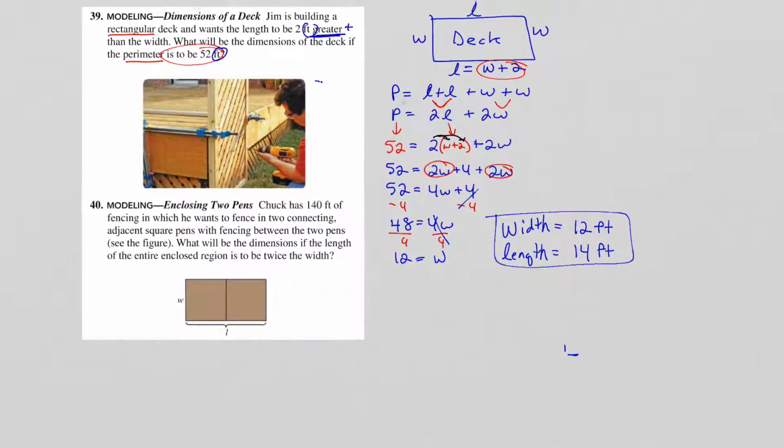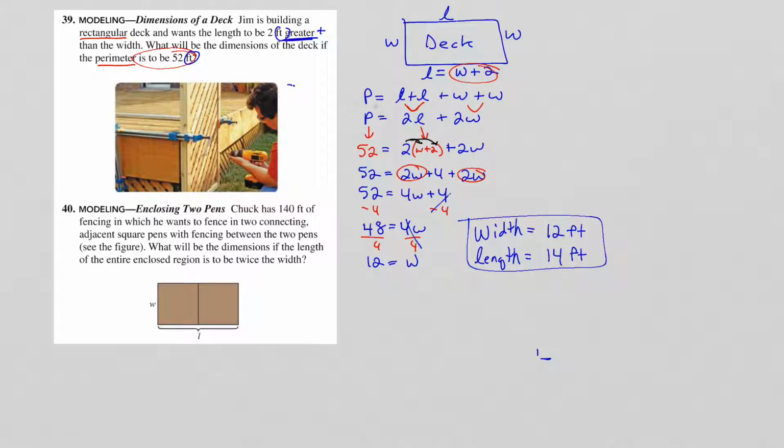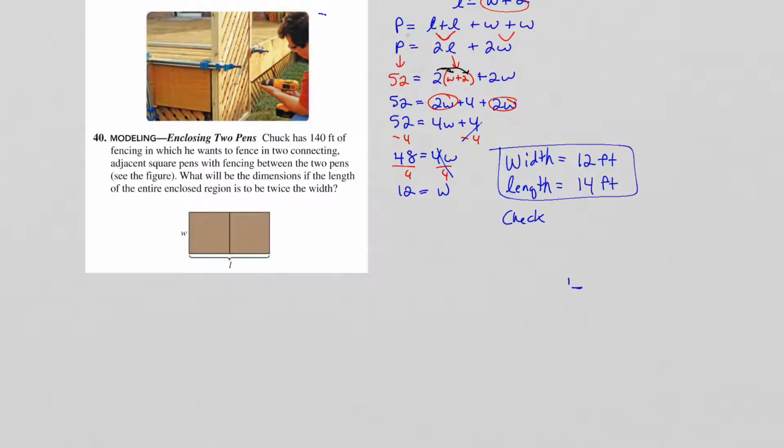Now we can actually check this out to see if it works, but you don't have to check. So we can say, okay, if I insert my 2 answers, am I going to get 52?